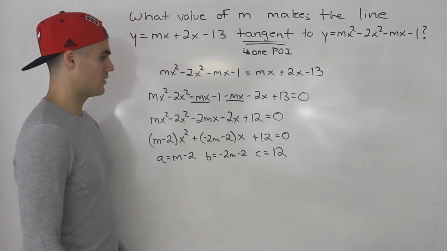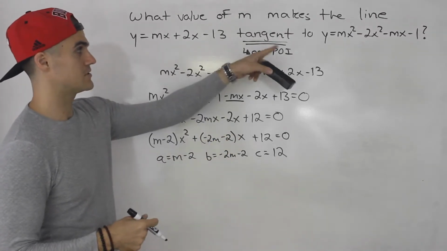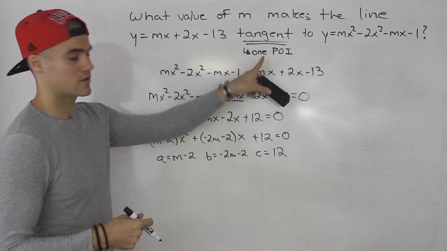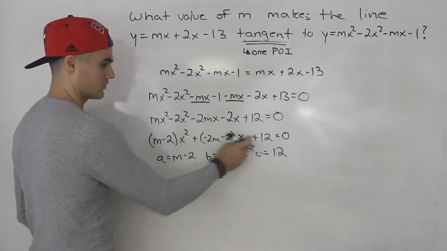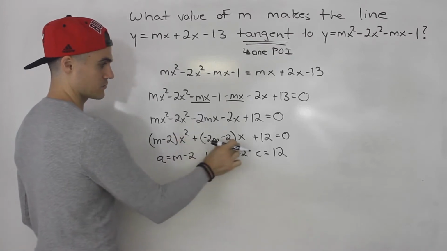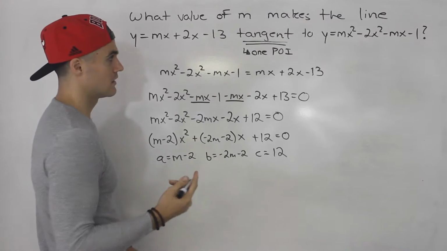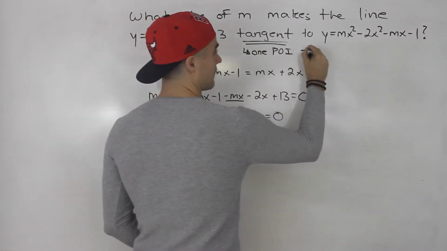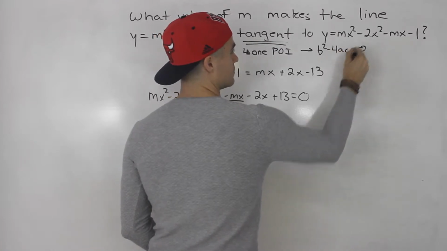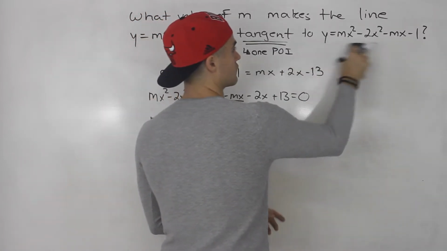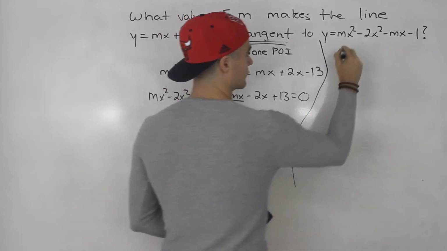And then from here, we know that we want this quadratic to have one solution, because we want the line to be tangent to the quadratic, one point of intersection. So if a quadratic equation, which is what this is, ax squared plus bx plus c equals 0, has one solution, then that means that the discriminant b squared minus 4ac is equal to 0. Let's actually write it over here. Split this up a bit.